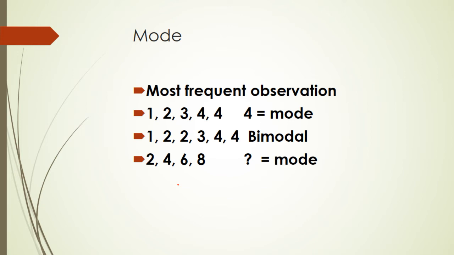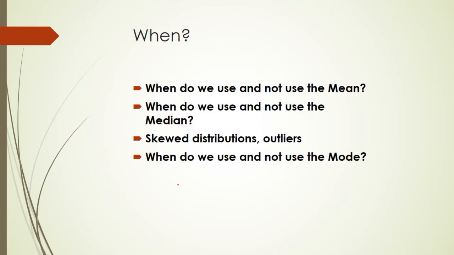If we have 2, 4, 6, 8, either there's no mode in there or it's quadrimodal, there's 4 modes. The mode isn't really a very useful thing because A, there might not be one, and B, it might not be anywhere near the middle, which is the whole point of central tendency.